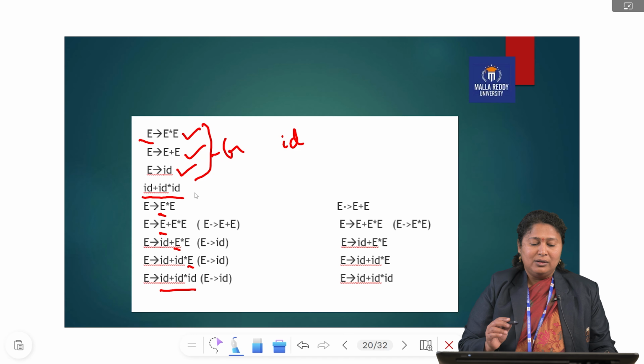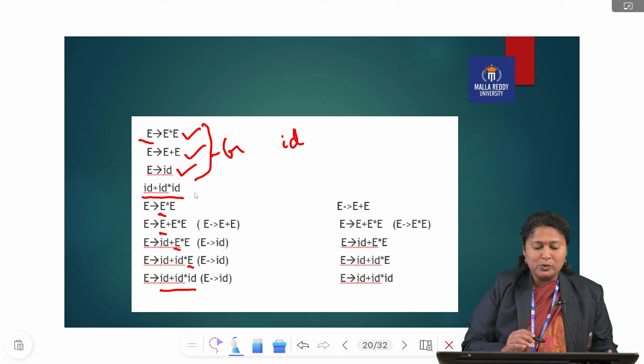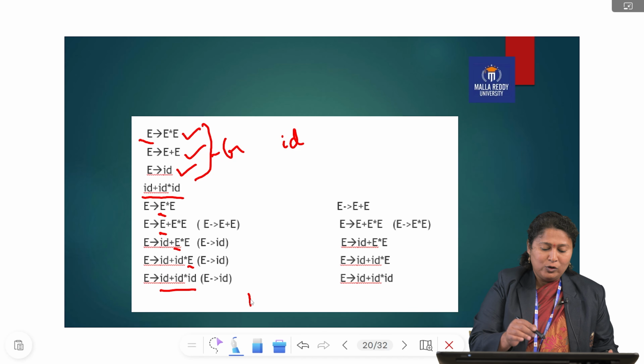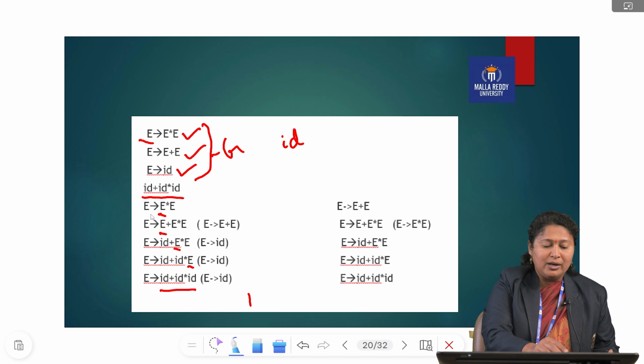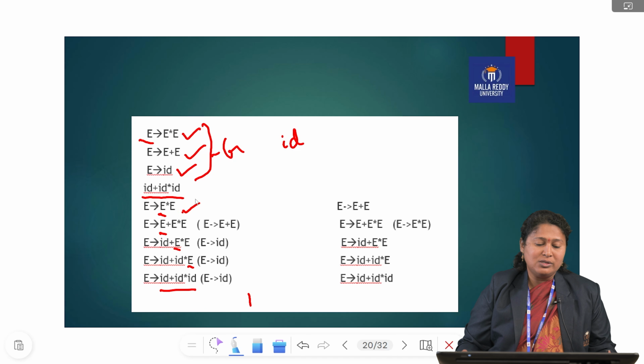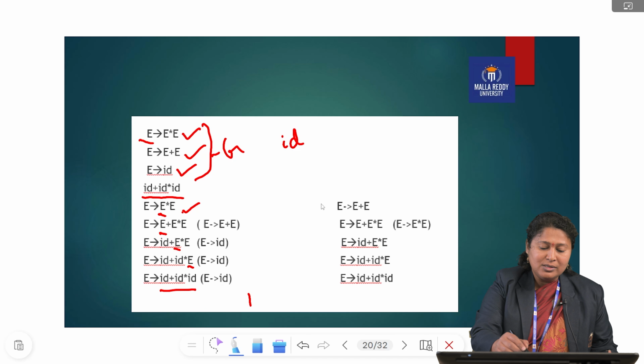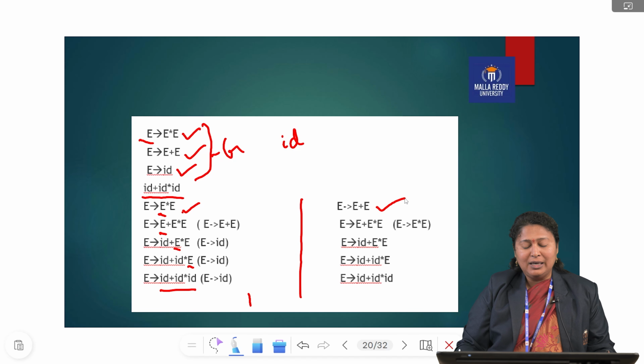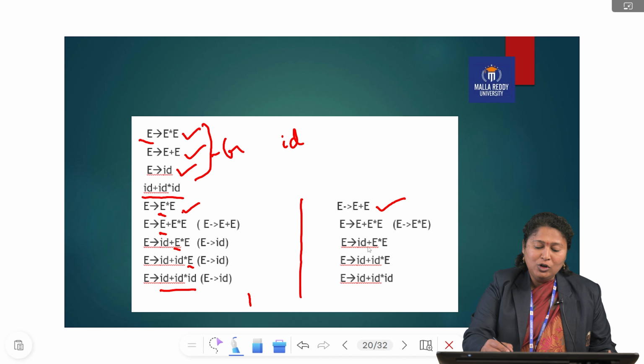But while your system generates this input string, it has a confusion, because here it has taken E tends to E cross E and it is able to produce this string. And again it can also start with E plus E, and also it is able to produce this string.